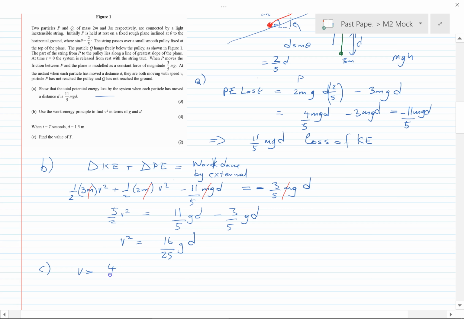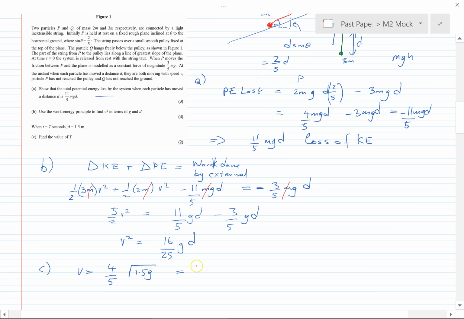So that's 4 over 5, the square root of g times d, 1.5g. And that equals, well, I've got an exact answer of 14 root 30 over 25.